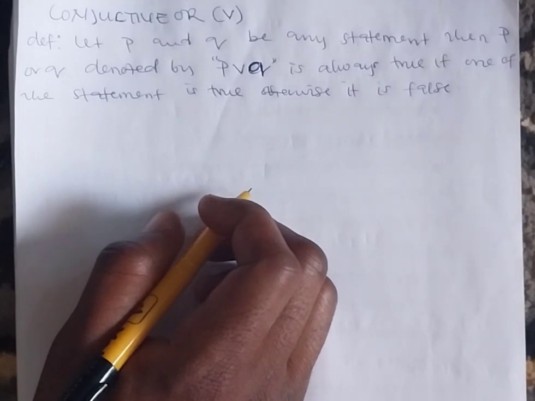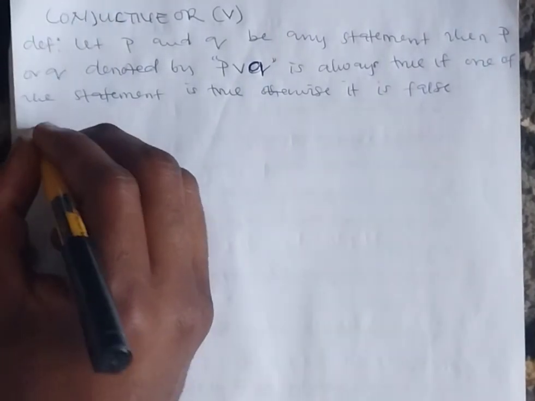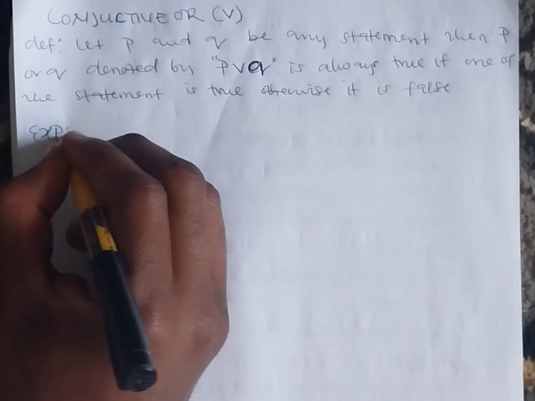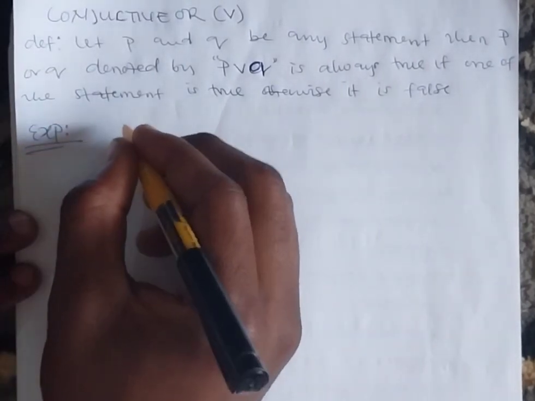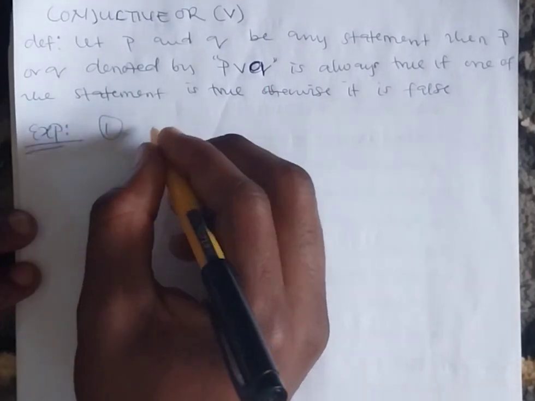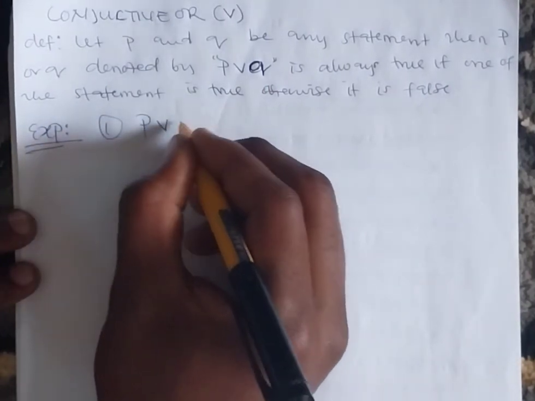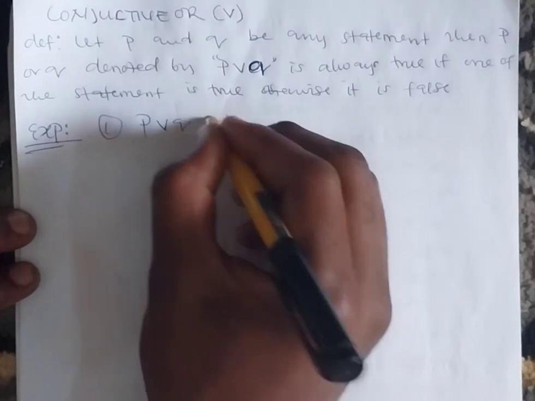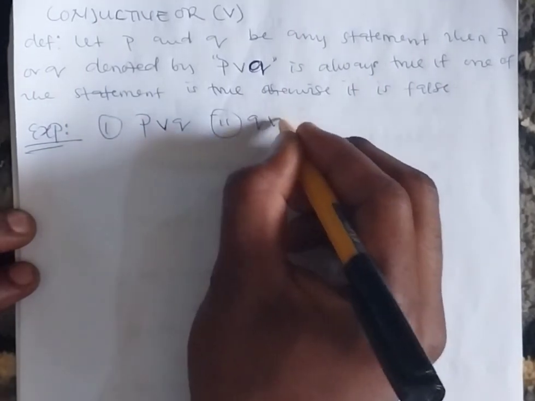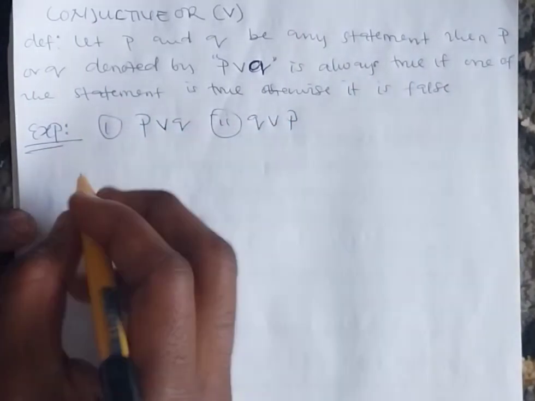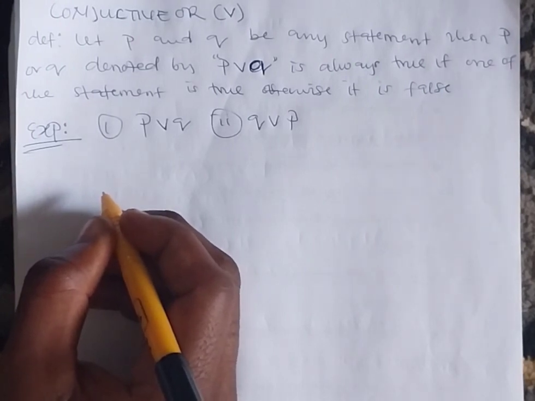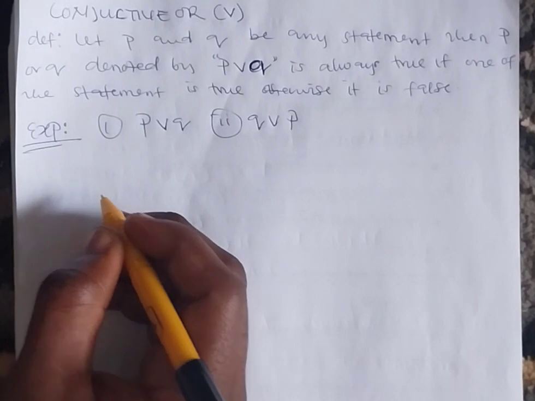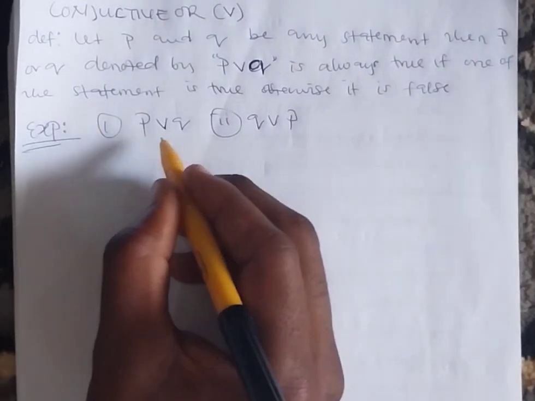Let's take an example: P ∨ Q to Q ∨ P. So now we're going to draw our truth table, and the first thing you do is check your statement.